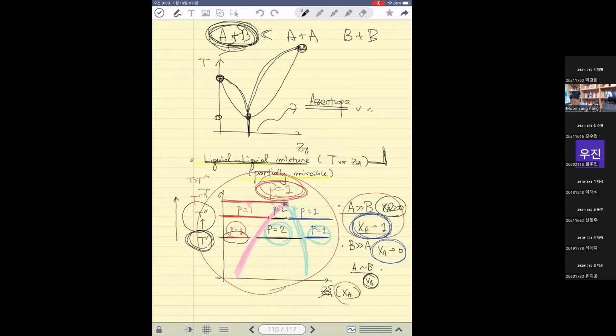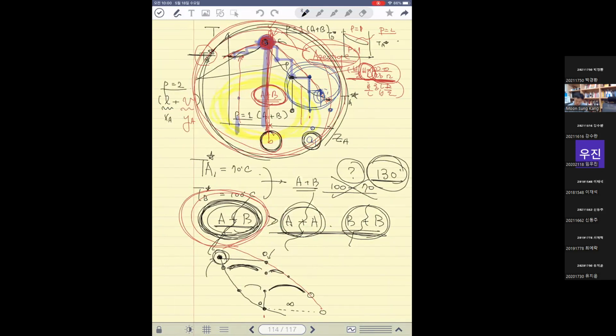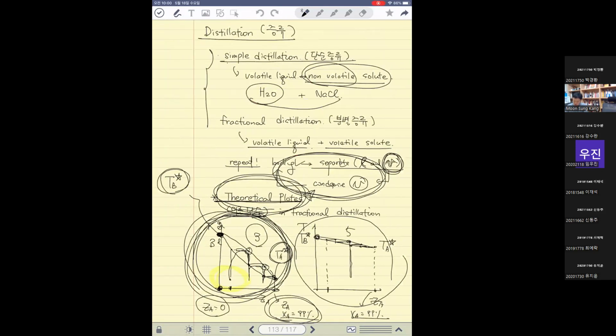Before, if we go back to here, that's where we learned the distillation process. We had A plus B mixture. They were miscible, right? We had miscible mixture A plus B, and we were talking about distillation based on equilibrium between the liquid phase and vapor phase.